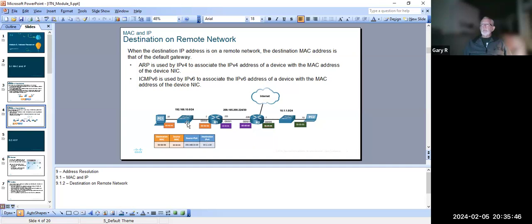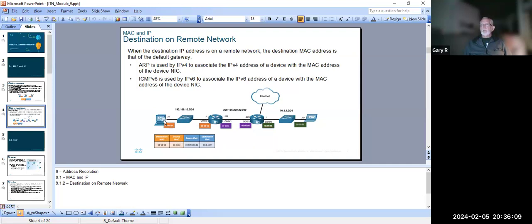So we have to first send it to the router. Well, now we're back basically to the scenario of the previous slide. We're sending to the router. We know the router's IP address because that is our default gateway, but that's not going to be anywhere in the IP field. What we need is to fill in the layer 2 header, the MAC address.